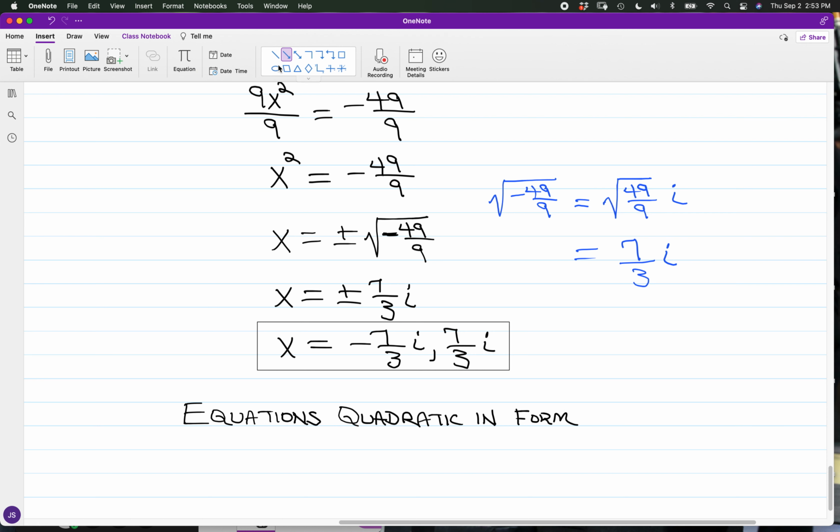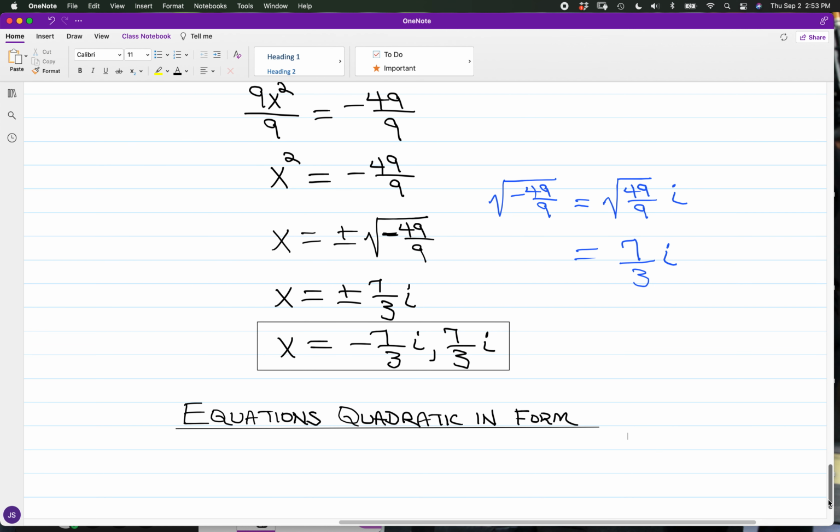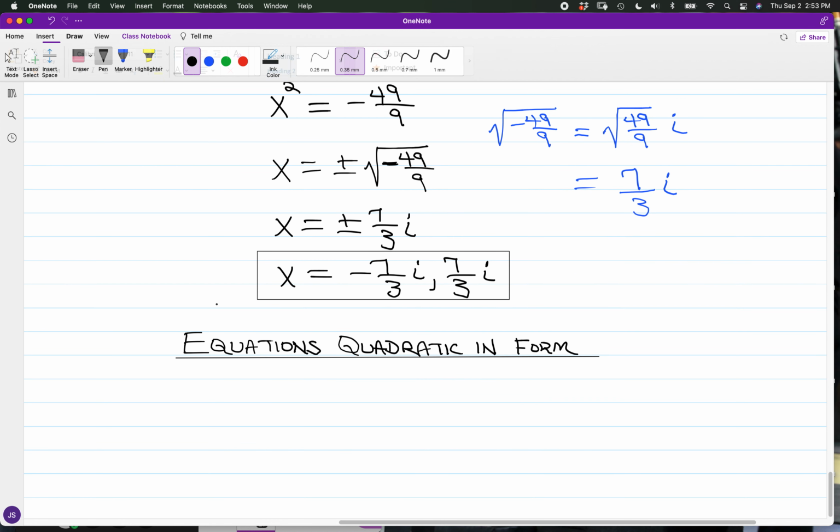And for what we have in the case of equations quadratic in form, okay, it's going to be a little bit of a lengthy definition, but you'll see a pattern that will follow.